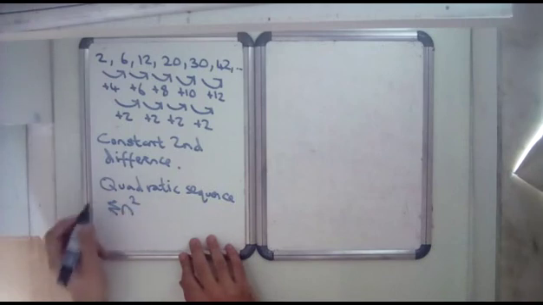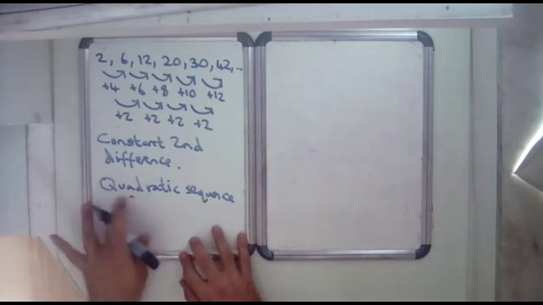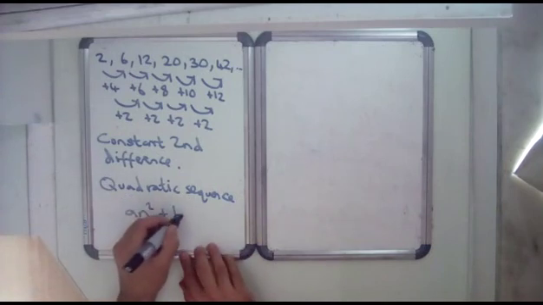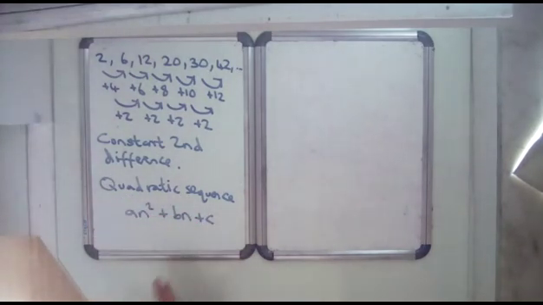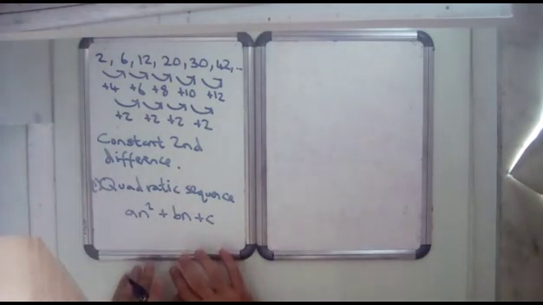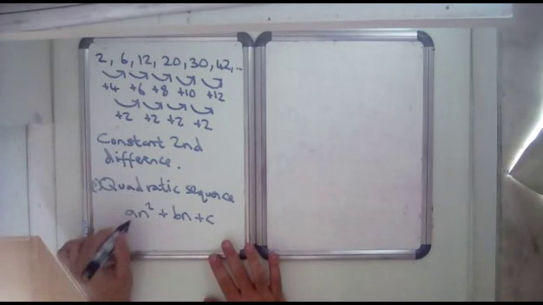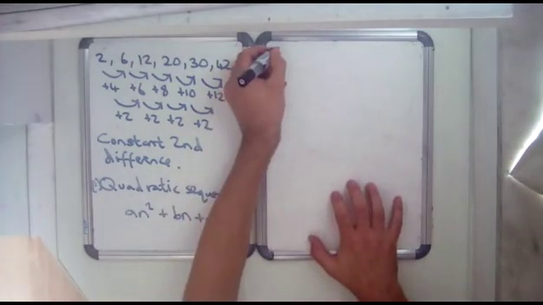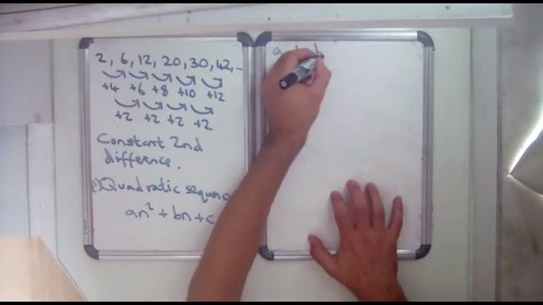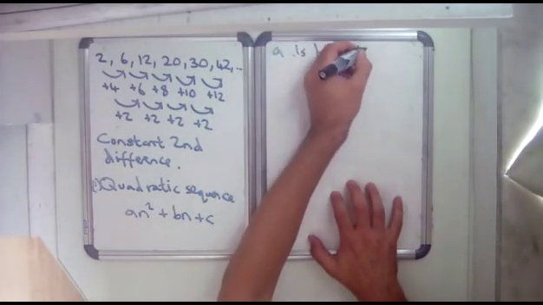Well, let's write it: it's going to be some kind of an squared plus bn plus c, some kind of quadratic nth term. So that's the first thing. Second thing, actually, a is always half the second difference.